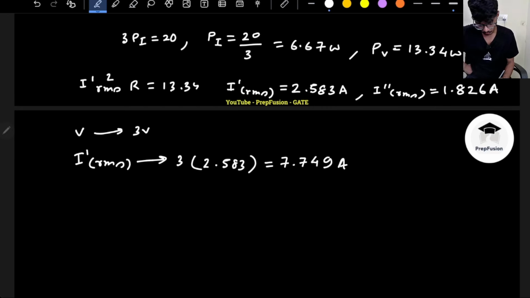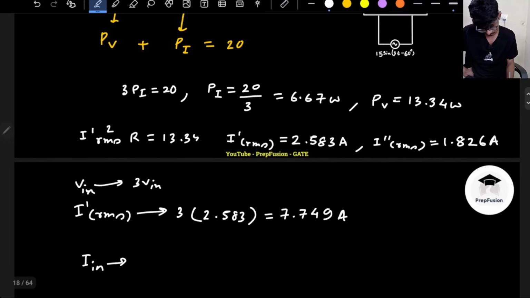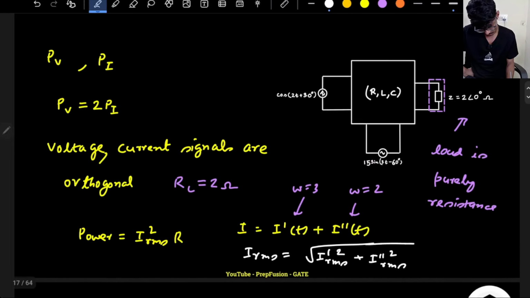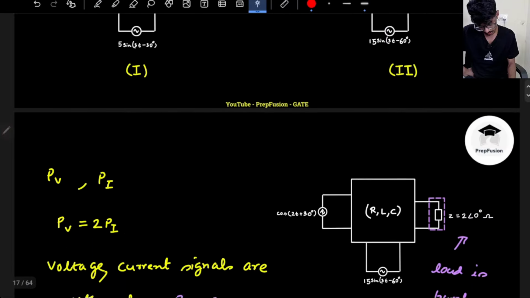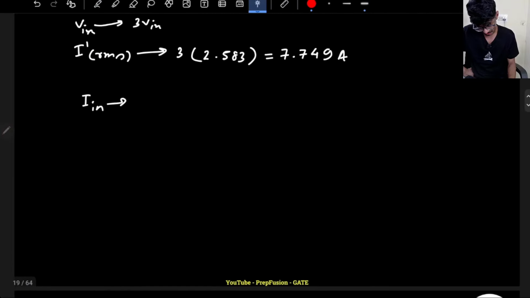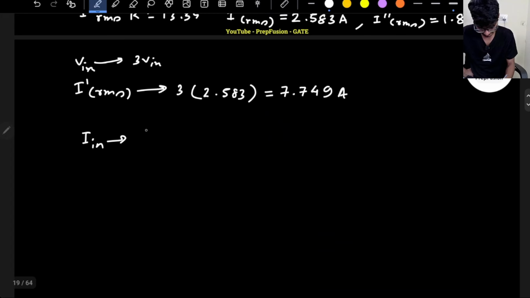Okay, and what about the I double dash RMS? For I double dash RMS, my V in is getting changed, and my I in is getting changed to half, right? It is getting halved. So it is simply getting halved. Amplitude is getting halved. So if amplitude is getting halved, this will be 1 by 2 I in.